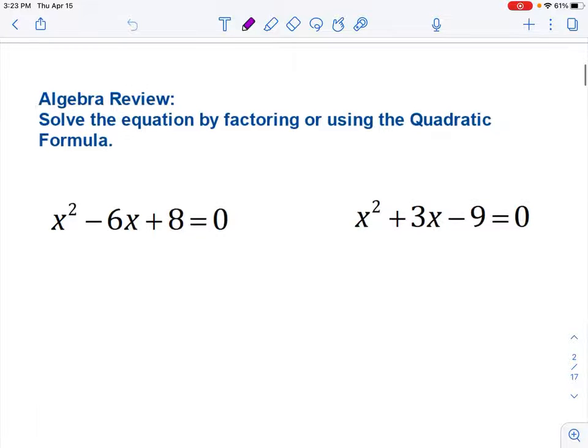So, factoring, I would say, is usually the easier way to solve, although it doesn't always work. Quadratic, on the other hand, will always work.